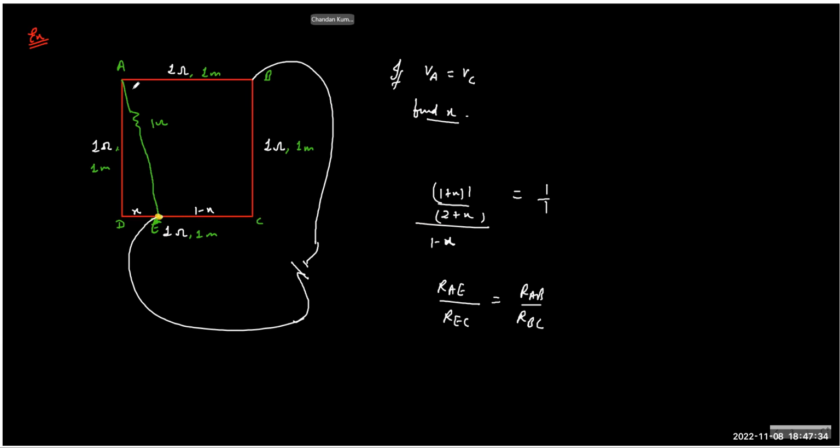And from E to A, how much resistance? These are in series and parallel, so we have to reduce this into a single resistance. Once you reduce it, you will get this much. So this upon this must be the same as this upon this. Then only A and C will have zero current, the same potential. Now solve it. Tell me the answer.